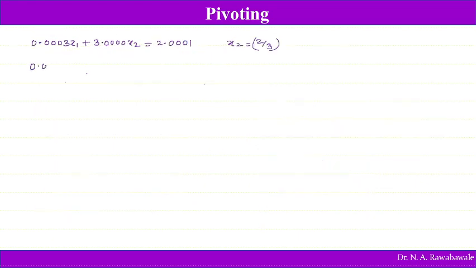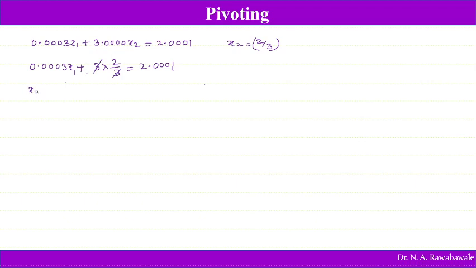Then 0.0003 x1 plus 3 into 2 by 3 is equal to 2.0001. So 3 gets cancelled, 2 is going to remain.